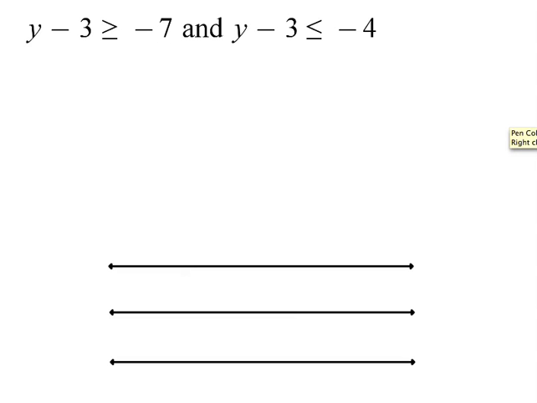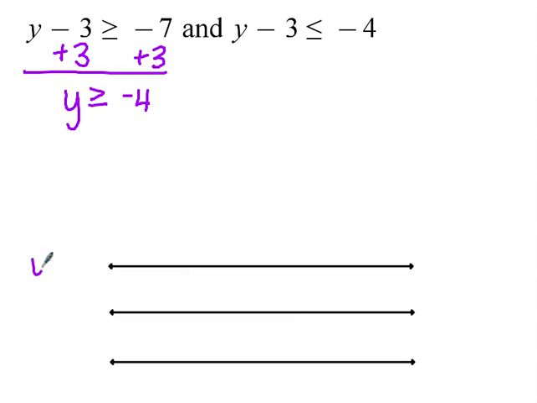So basically I've got 2 inequalities I'm going to solve. What do I do from this first one? Add 3 to both sides. So really I get y to be greater than or equal to what? Negative 4. So that's what I'm going to graph on my top line.